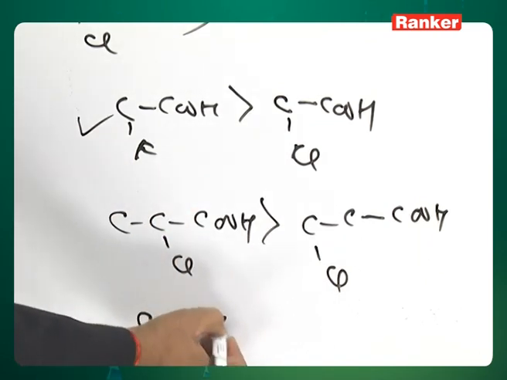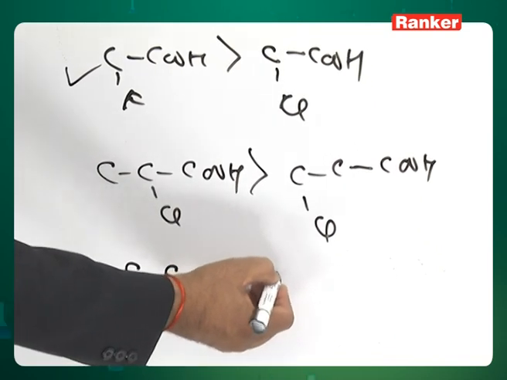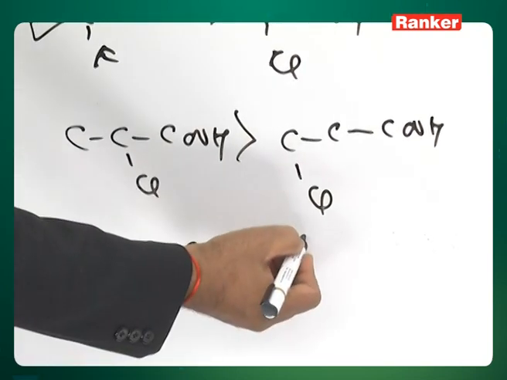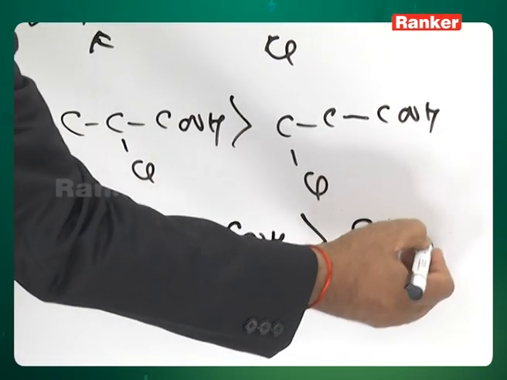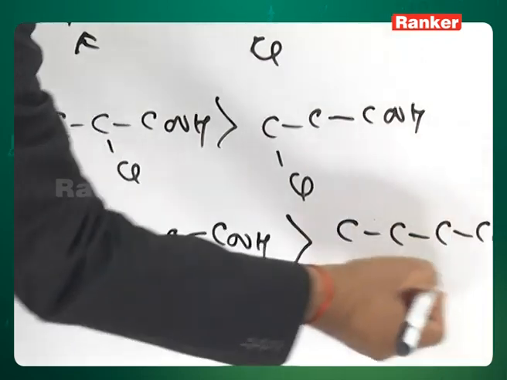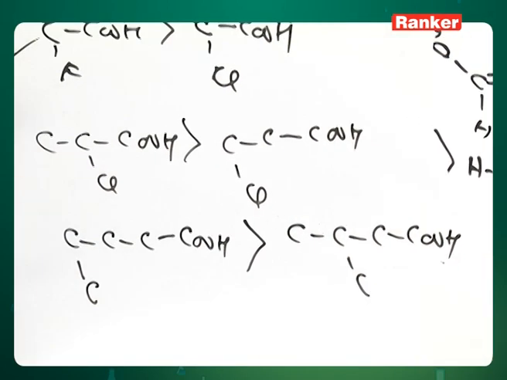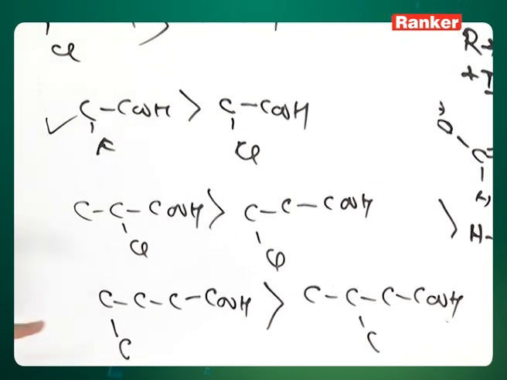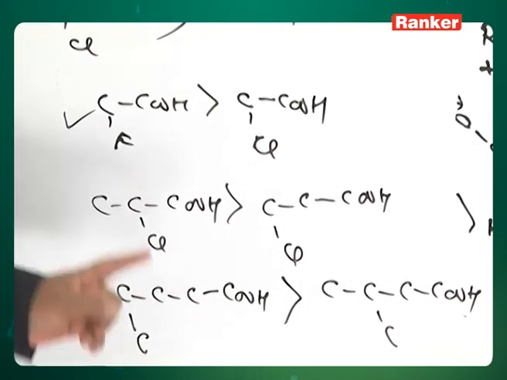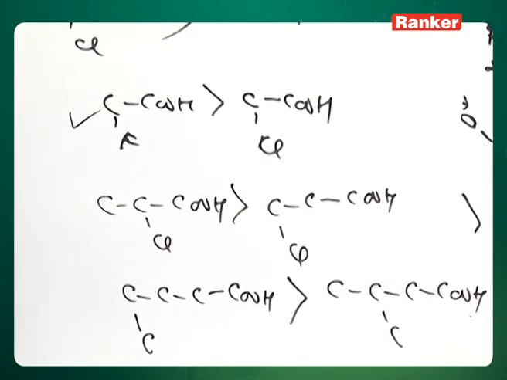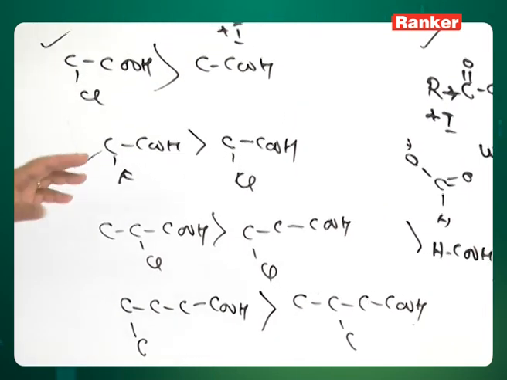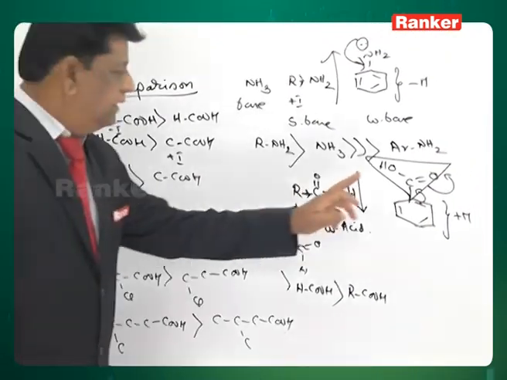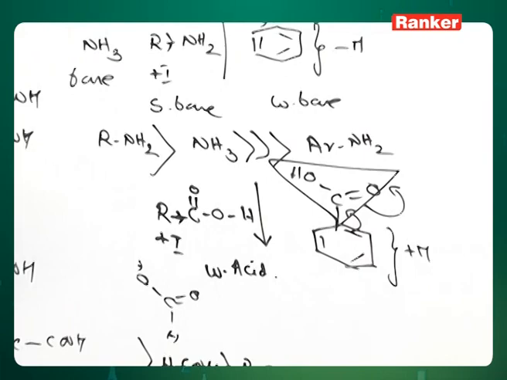And in a system like this, a butanoic acid containing 4-methyl and 3-methyl, 4-methyl is the better one than 3-methyl butanoic acid. Plus I group, the closer the group, the weaker the acid. Minus I group away is the stronger acid. All these effects, the inductive effect applications, will be coming into the comparison, but aromatic carboxylic acids versus aliphatic, there is a slight variation.